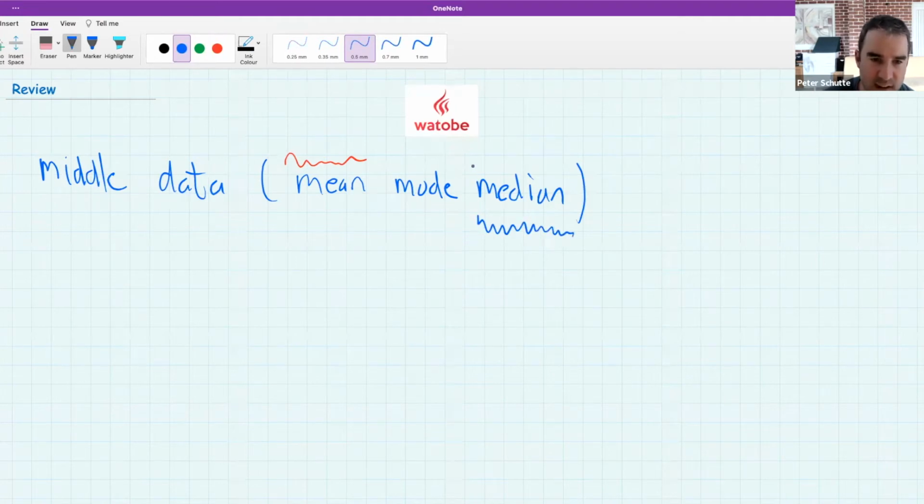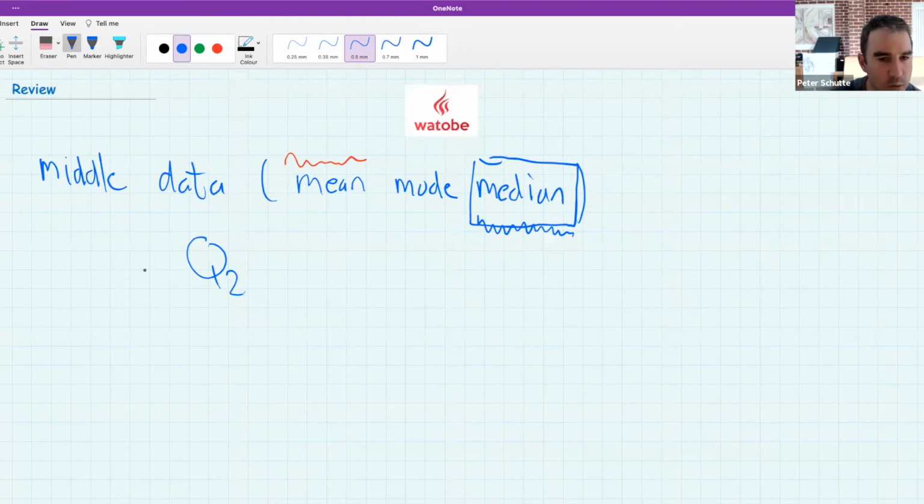And so today we are going to focus, well, not just on the median, but we're going to do work similar to the work that we did with the median in the last lesson. Just to remind you, we called the median Q2, or the second quartile, which will make more sense after today.